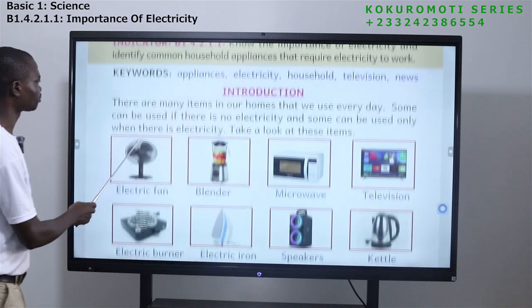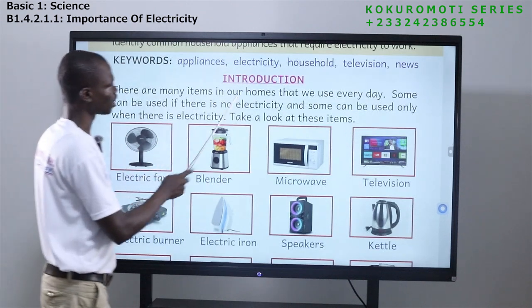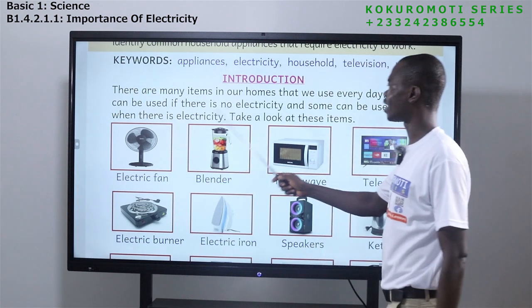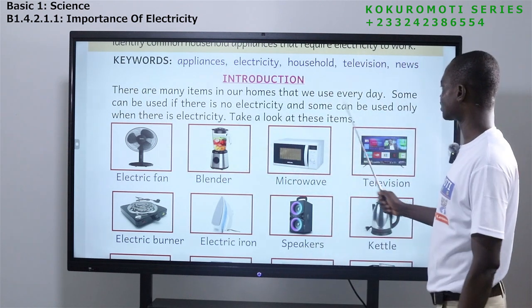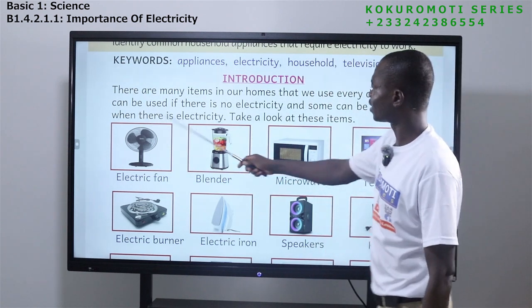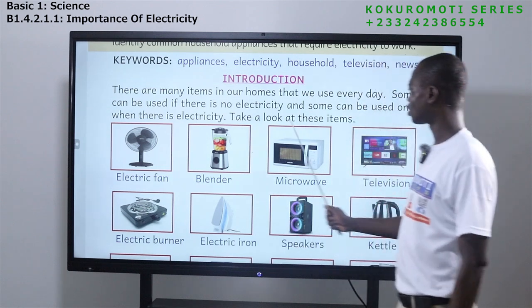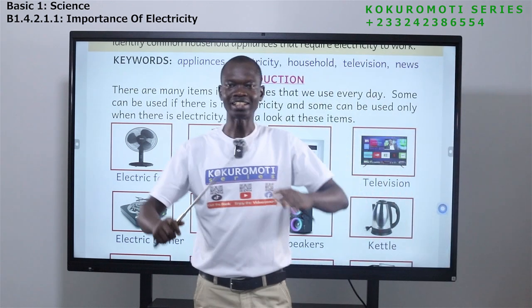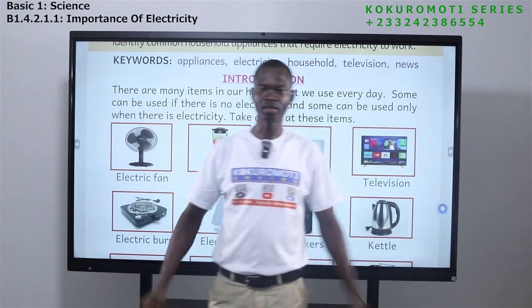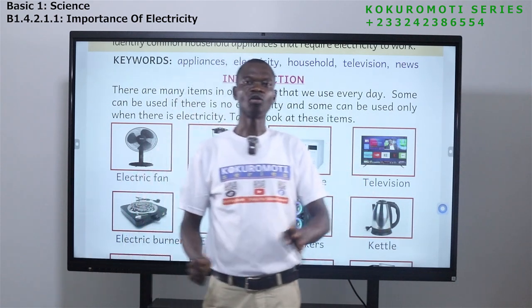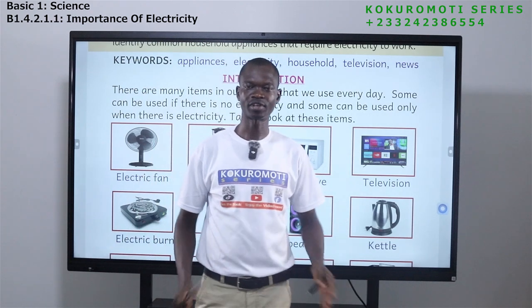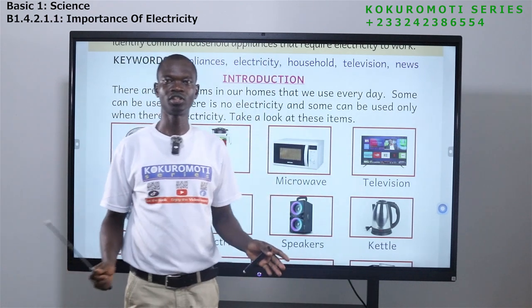So let's continue. There are many items in our homes that we use every day. Some can be used if there is no electricity, and some can be used only when there is electricity. Take a look at these items. So we are saying that in our homes, there are some items that we have there. Some can only be used when there is electricity. For example, television.